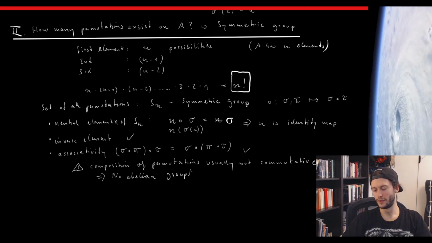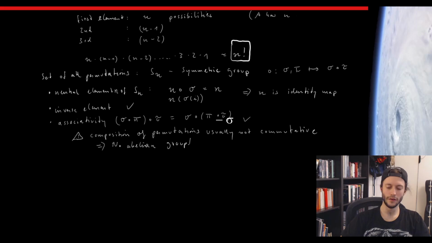Why is it not commutative, or what would that mean? That means you shuffle in a certain way. Let's say you just do this. Your friend shuffles in another way. Let's say he does this. Now, if permutations and shuffling would be commutative, it wouldn't matter if you start doing this and let then your friend shuffle like this, or the other way around. But obviously, that's not the same result in the end. So here we do not have commutativity.